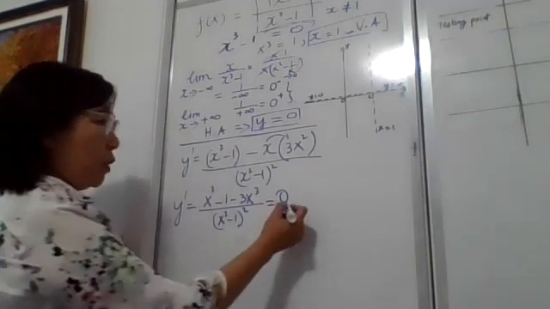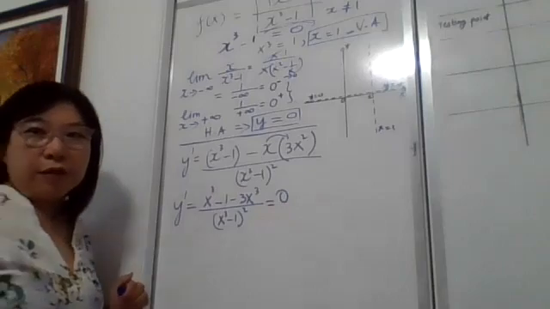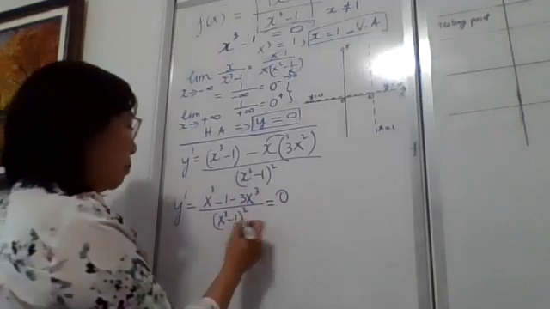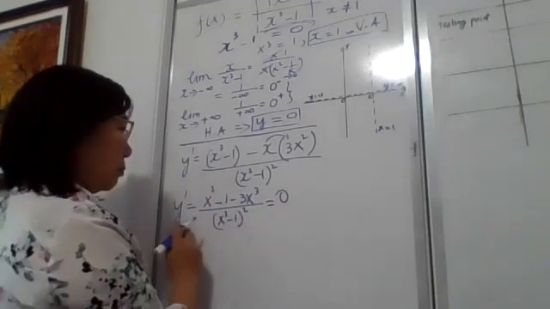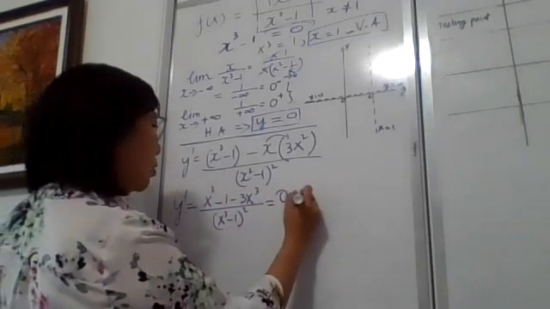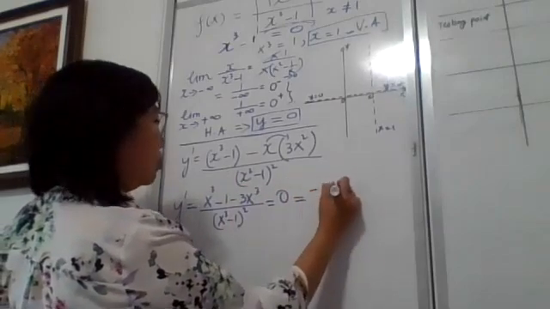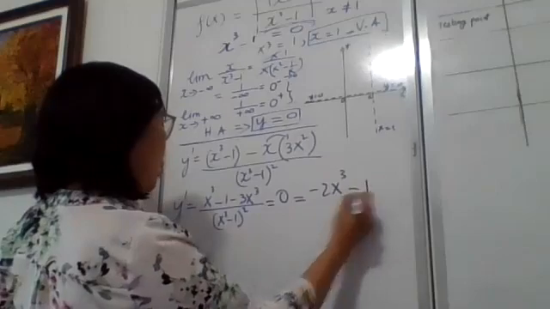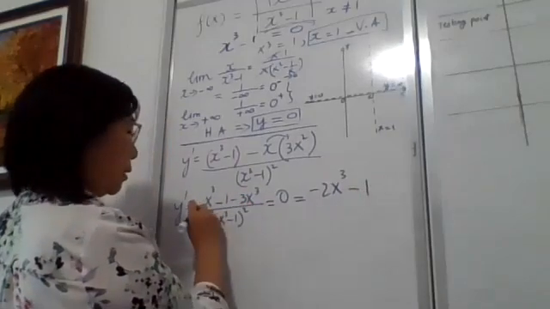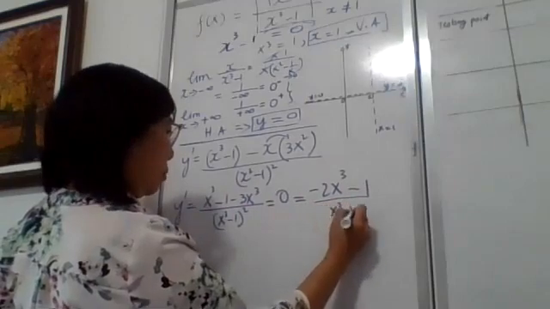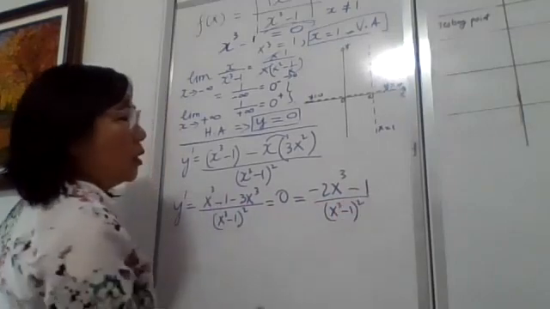And how do we solve for critical points? Remember, this is a fraction. But let me simplify this numerator first. This will become minus 2x to the power 3 minus 1, because we subtract this, all of this over x to the power 3 minus 1, all to the power 2.